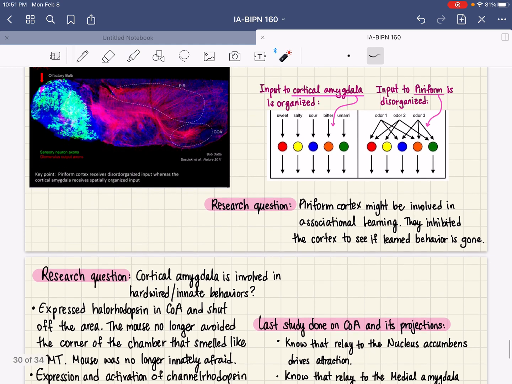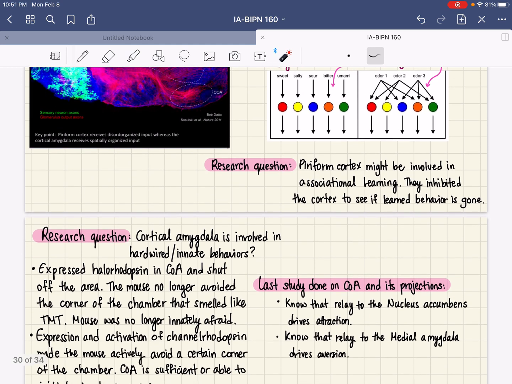If the mouse sees something scary, it will be afraid and not want to go to that area. Basically, piriform cortex is thought to be involved in associational learning, and cortical amygdala in innate behaviors.